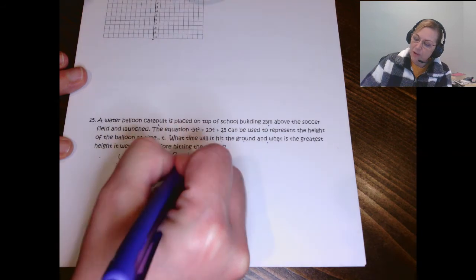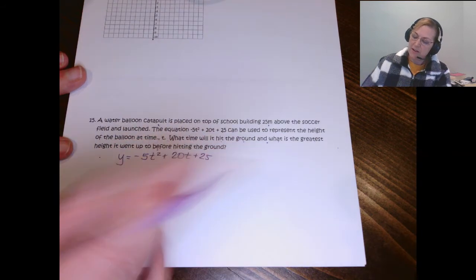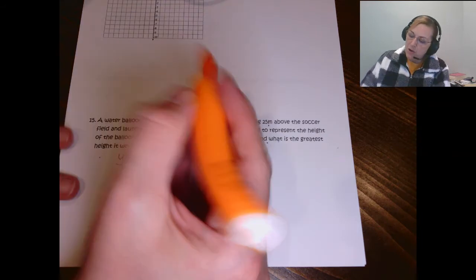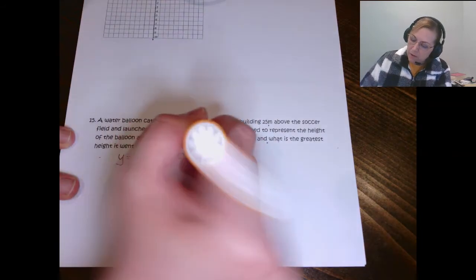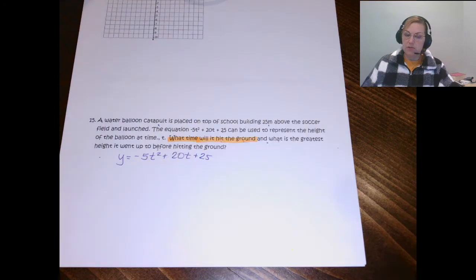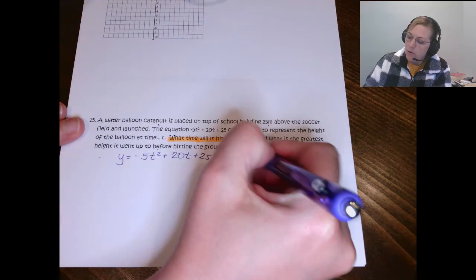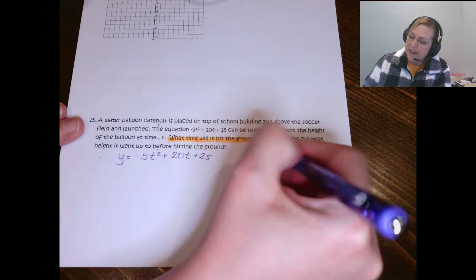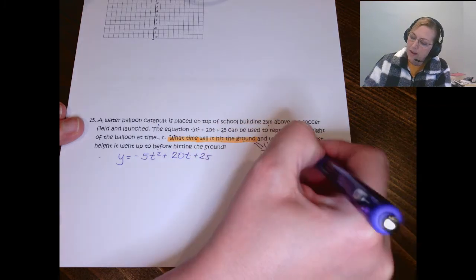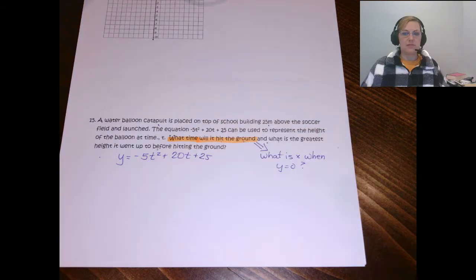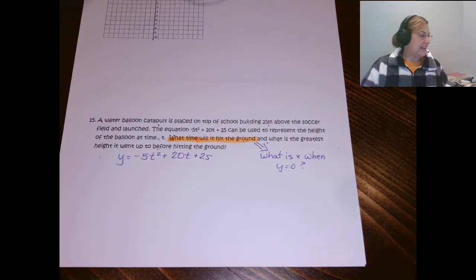Now, let's break down this question, okay? Because there's two parts, and I want to make sure I get both of them. So, at what time will it hit the ground? That's the first question. That is code for what is x when y is 0? Okay, that's one question we have to answer.